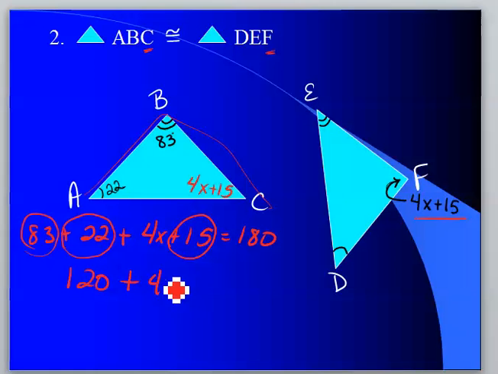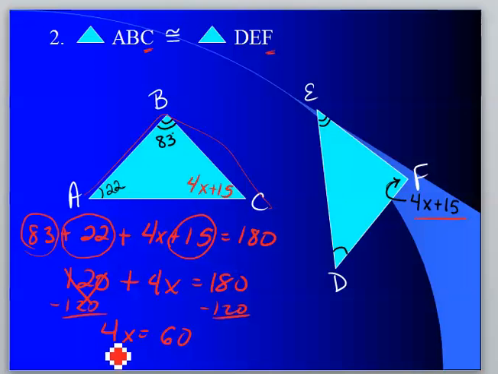So 120 plus 4x equals 180. To get all of our numbers to the right, we're going to subtract the 120. So 4x equals 60. 4 and x are right up against each other, they're multiplied, so we'll divide by 4. And x is 15. I found x, so I'm done with the problem. I wasn't asked to plug back in.